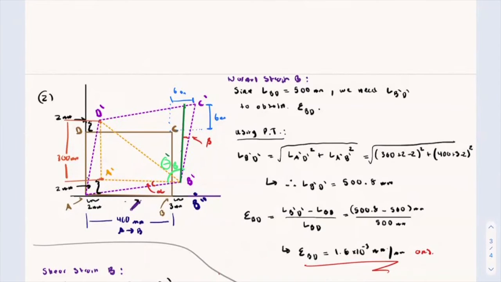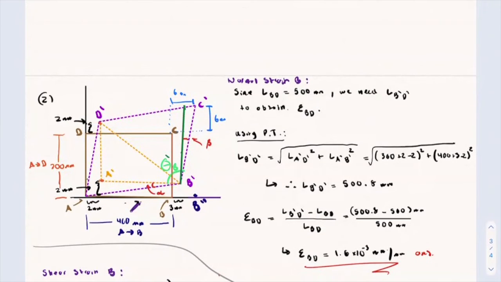So for number 2, it is asking the normal strain for DB and the shear strain for corner B prime, seen from the diagram. Starting with normal strain of DB, since we already found the length BD, which is 500 millimeters from previous calculations, we just need the length of B prime D prime to find the normal strain for BD. With the Pythagorean theorem, we can find the length using the orange triangle that we made in the diagram.